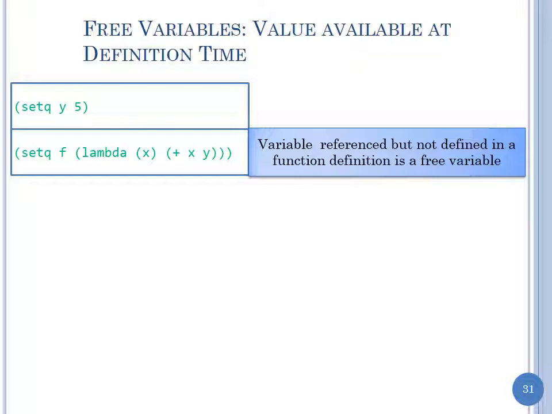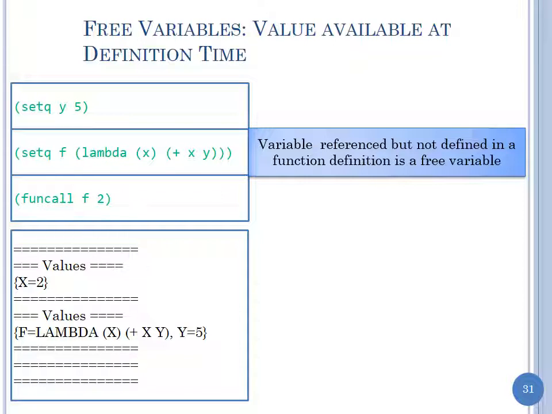So I could have assigned y to 5, in which case, if I do funcall f2, I'll get this environment here. y will be 5 in the global environment, and I'll get the value 7. So free variable in this case doesn't create any unintuitive result. No confusion. Questions?